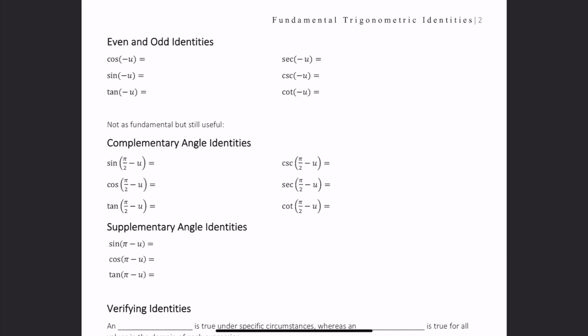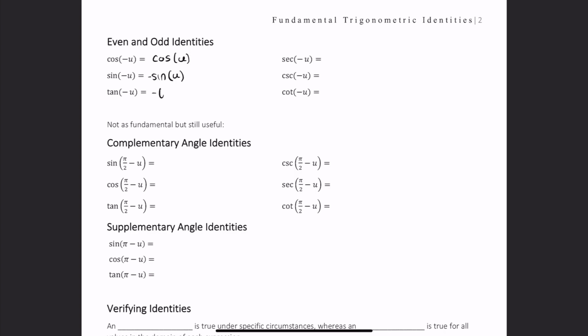Okay, so another thing to know is the even and odd identities. Here, we're going to see that cosine of a negative angle will be equal to cosine of the positive angle. Then sine of a negative angle will be equal to negative sine of the angle.